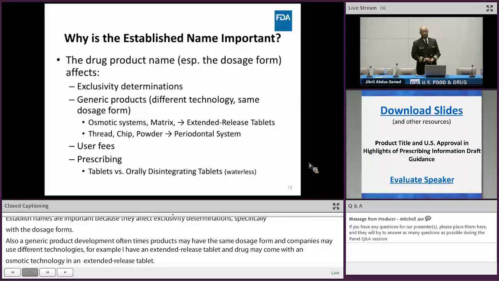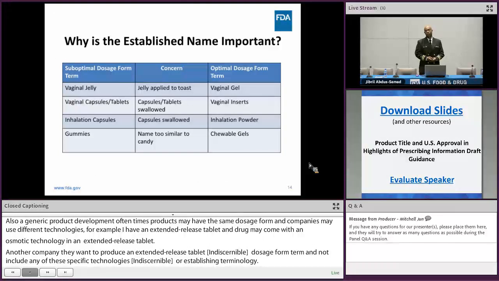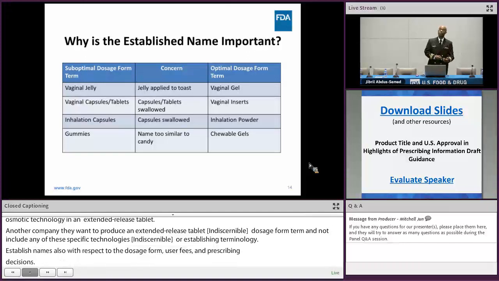Established names, with respect to the dosage form, also affect user fees and prescribing decisions. Here are some examples. These are older examples of names for products where the name influenced behavior.